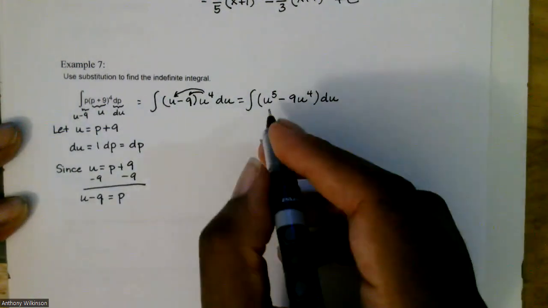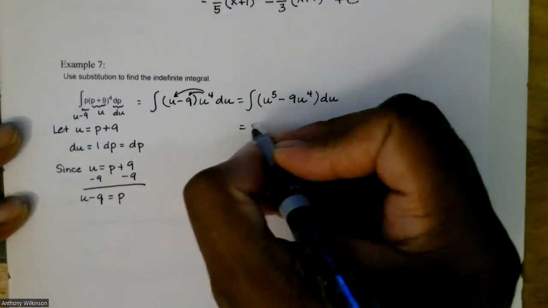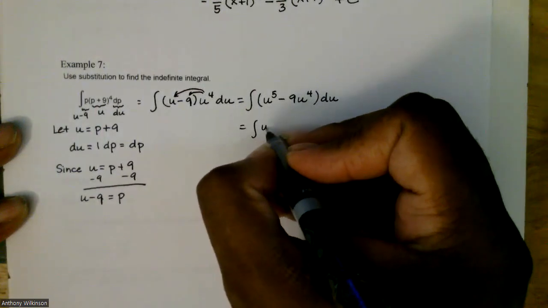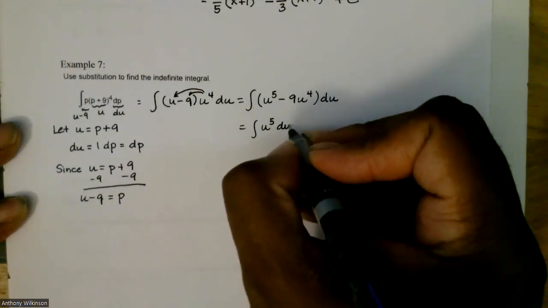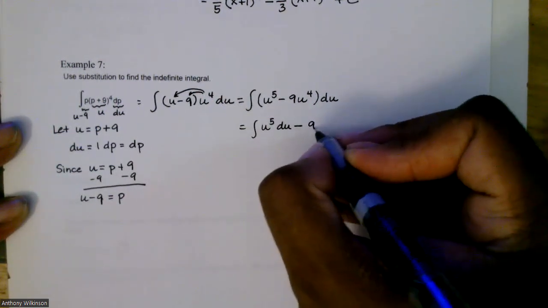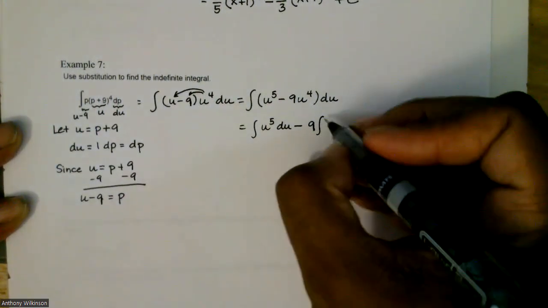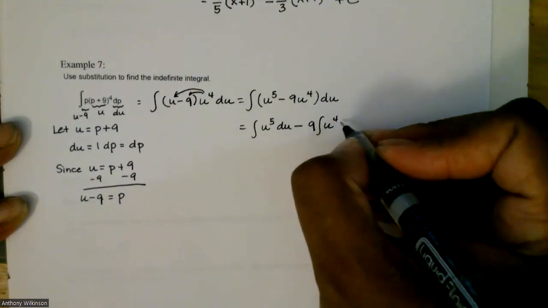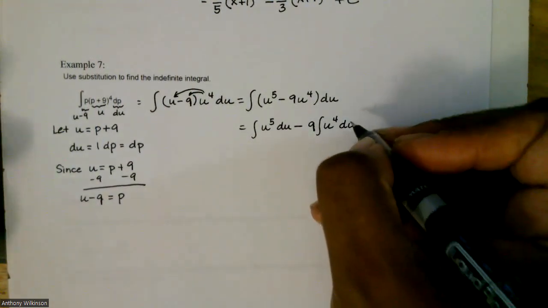Now we can integrate each expression, so that means this will be the integral of u to the 5th du minus, now since the 9 is a constant, I can pull the 9 out in front as 9 times u to the 4th du.